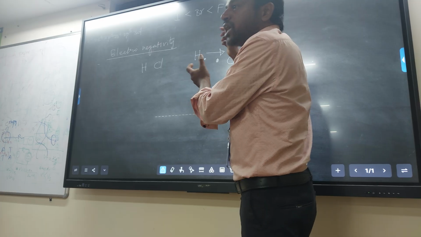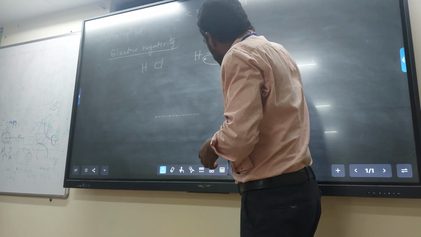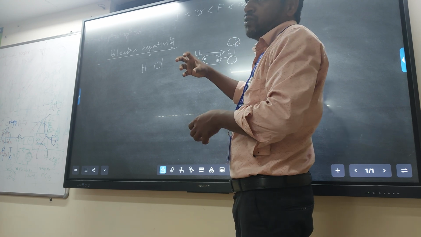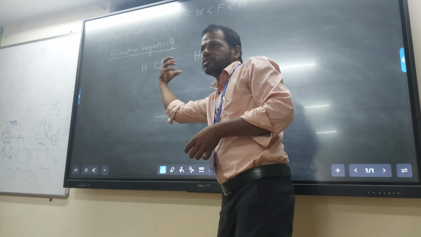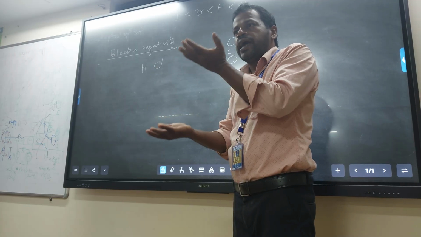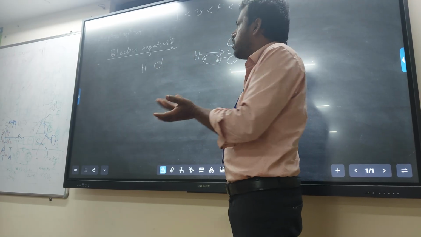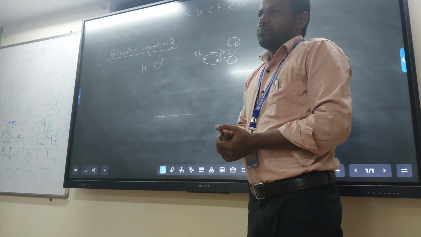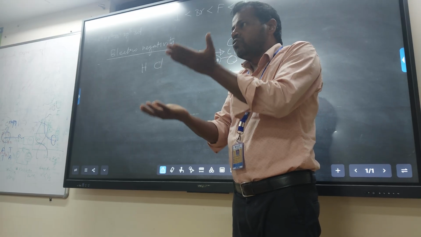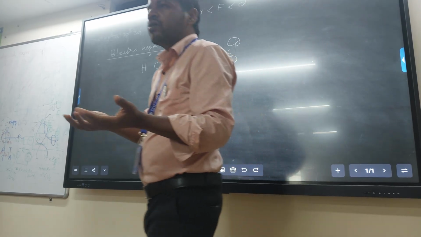But that shared electron pair is closer to the nucleus of the chlorine side, not the hydrogen side. So there is an oscillation from atom to atom. That is called electronegativity.